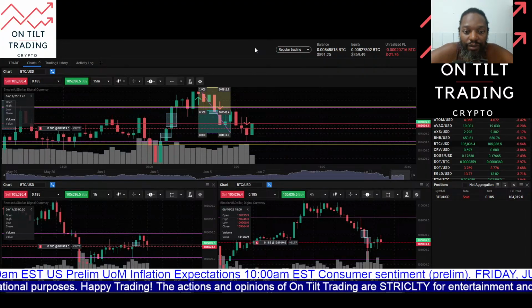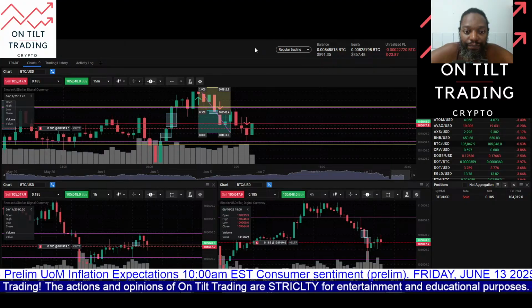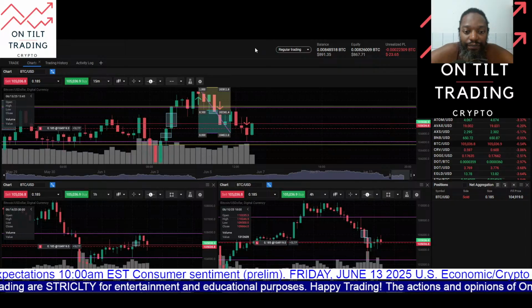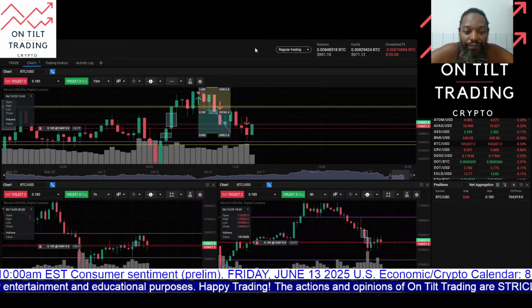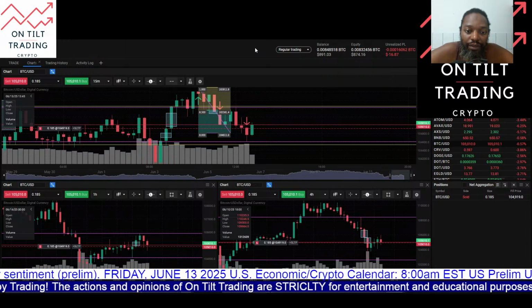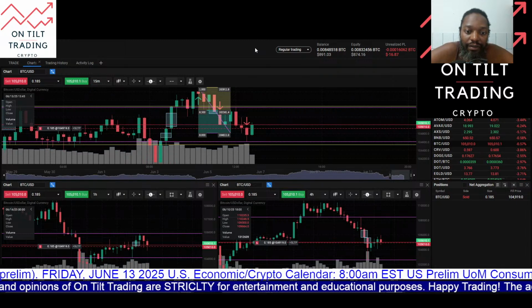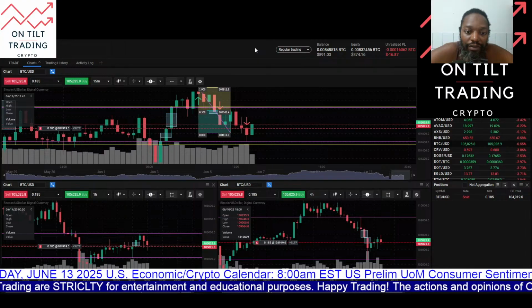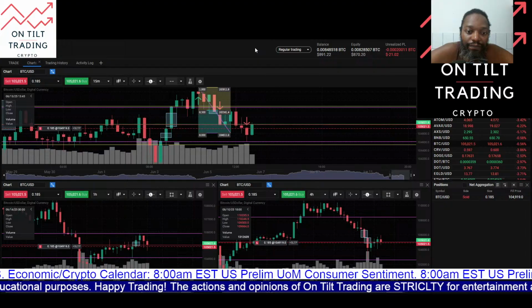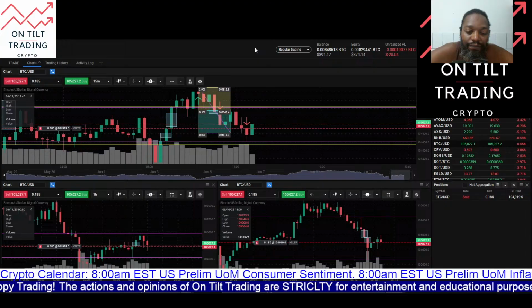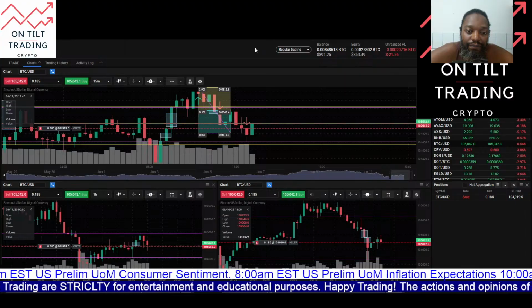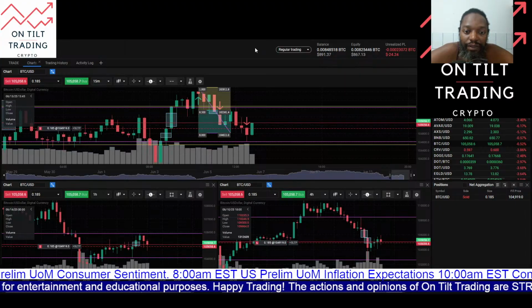Still showing strength. Testing the candle high. Price action never quite made it to the high, seeing a slow reaction. Back to retest the high.